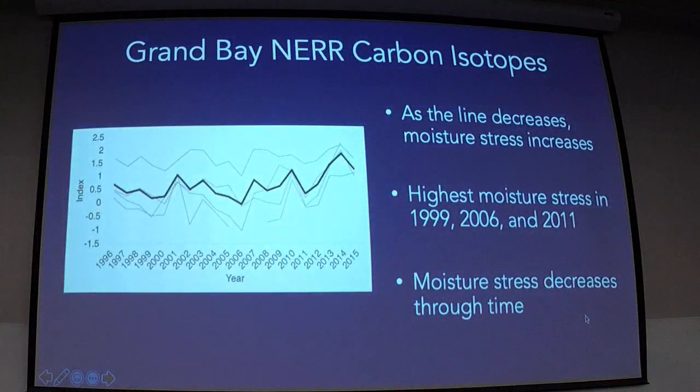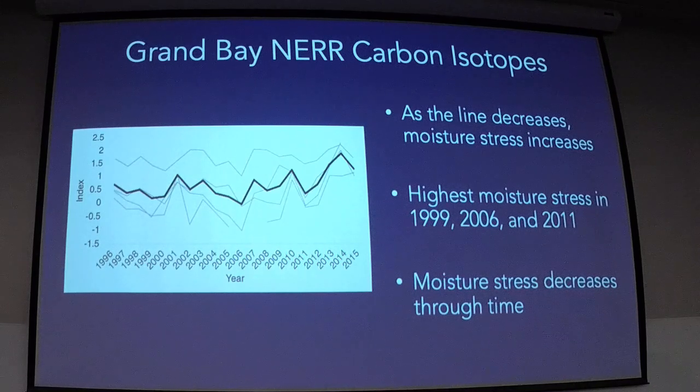So here is our first set of data, or our only set of data, for carbon isotopes for these coastal trees. We go from 1996 to 2015, and again we're looking at those wiggles, those lines. Each one of those thin gray lines represents one tree, the carbon isotopes for one tree. The big black line, the thicker line, is the average of those trees.